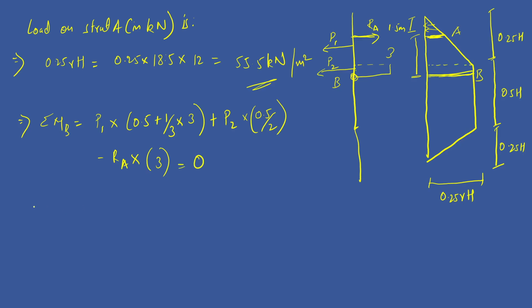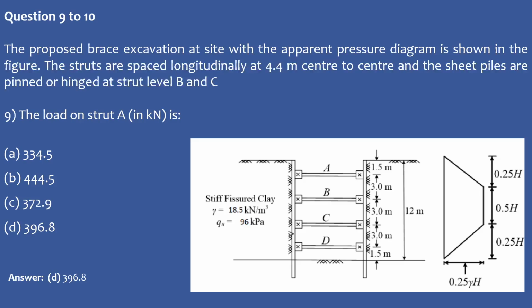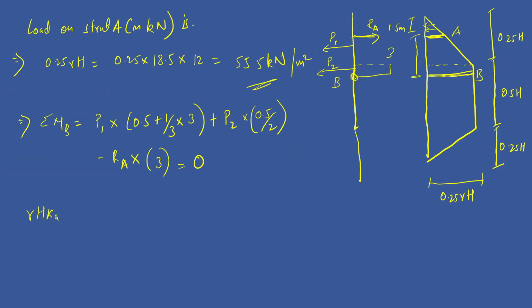Yes, sir. So now we need to calculate the P1 value. It is given by 0.25 gamma H Ka, which is already calculated. 55.55 kPa is already calculated on the top.